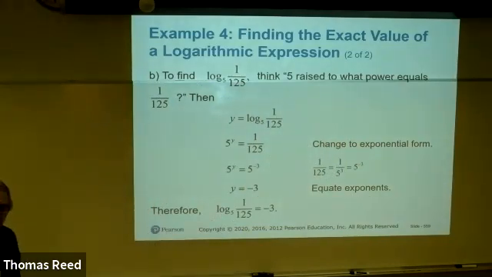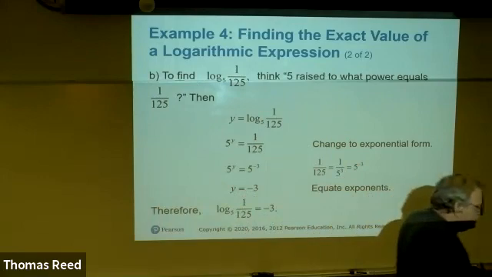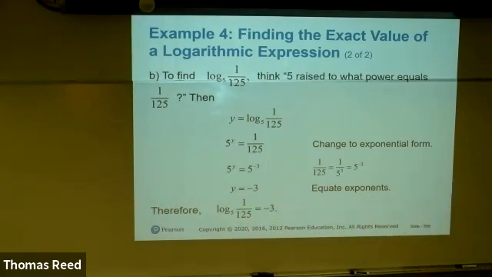Questions here? Knowing your first 16 perfect squares, knowing the first 6 perfect cubes, and knowing the first 4 to the 4th power, 1, 2, 3, 4 to the 4th power, come in extremely handy here.